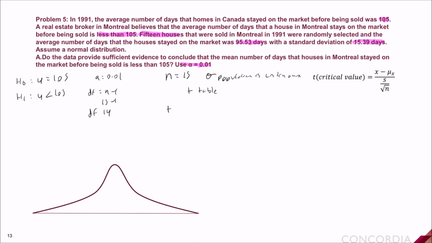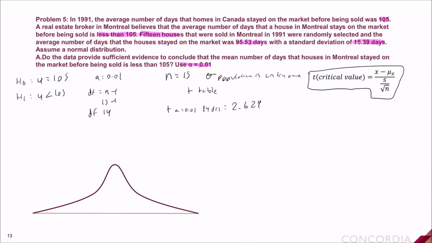So the t value equivalent to an alpha of 0.01 and 14 degrees of freedom would be equal to 2.624.